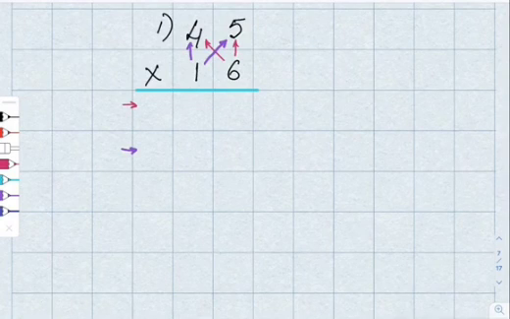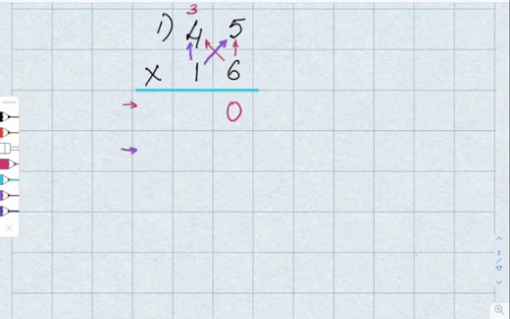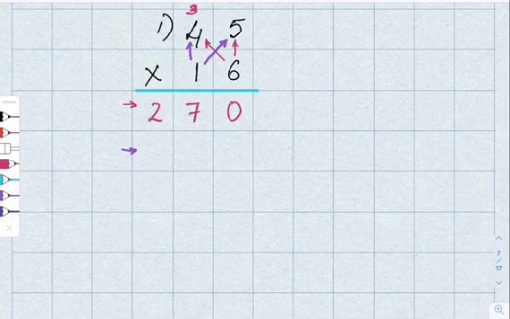Now 6 5 times is 30. 6 5s are 30. 3 is carried forward, and it is similar to how we did it for addition and subtraction. We have carried to the next place value. Now 6 4s are 24. 24 plus 3 is 27. 27 is written like this.